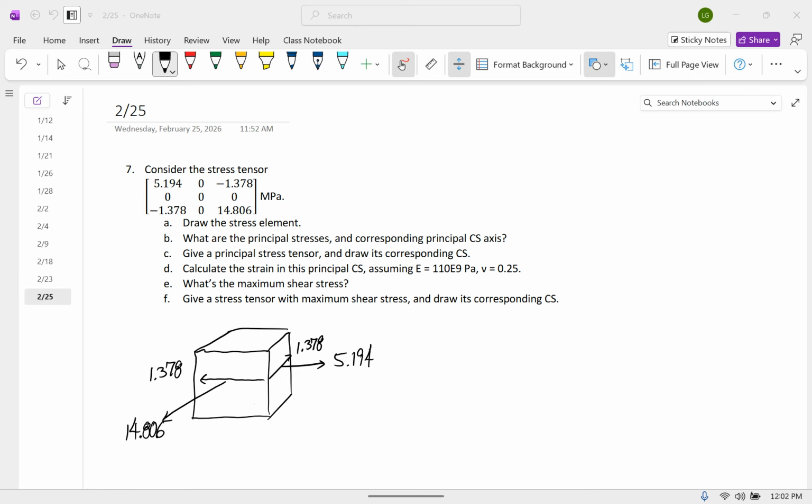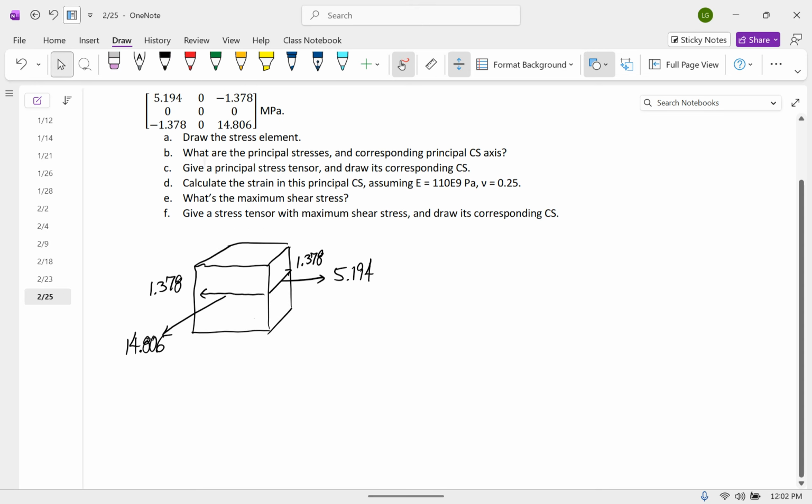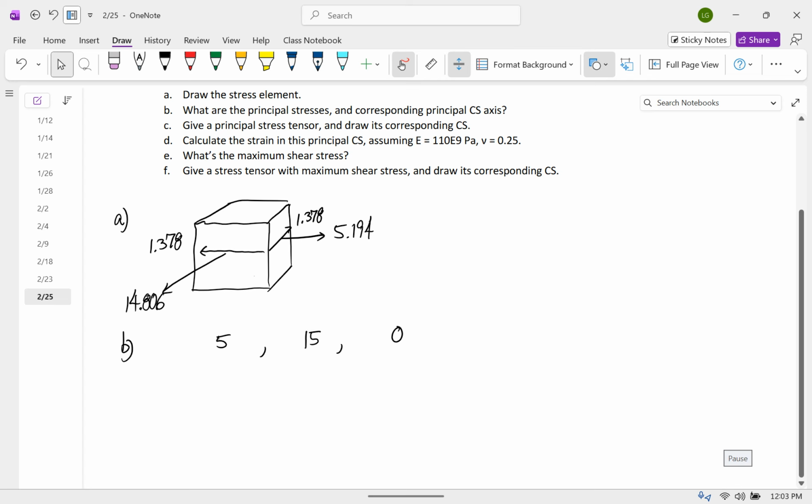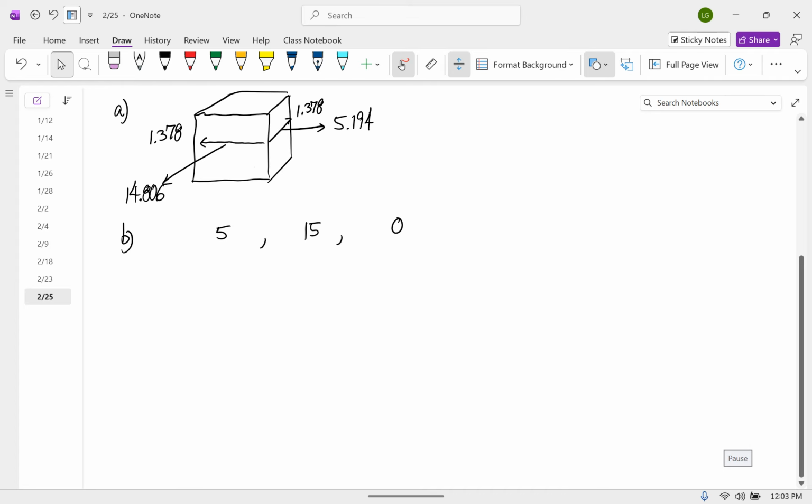Principal stresses, and I got the eigenvalues 5, 15, and 0. And then if I do the eigenvector function on that same matrix, the one corresponding to the 5 is negative 0.990, negative 0.139.